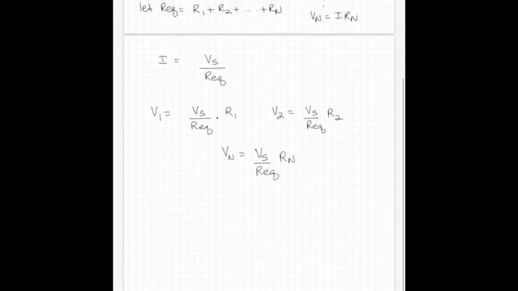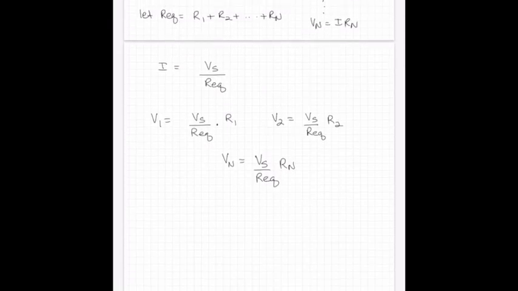I'm going to rearrange these voltages. V1 is equal to Vs times a resistor ratio R1 over Req. V2 is equal to Vs times the ratio of R2 over Req. And Vn is equal to Vs times Rn over Req. So I've just rearranged the equation a little bit.